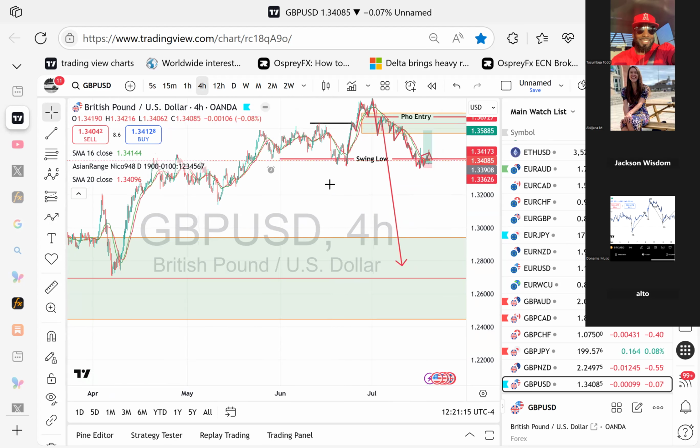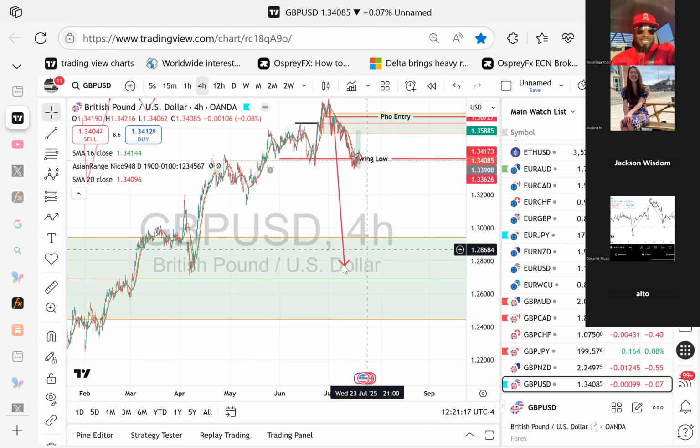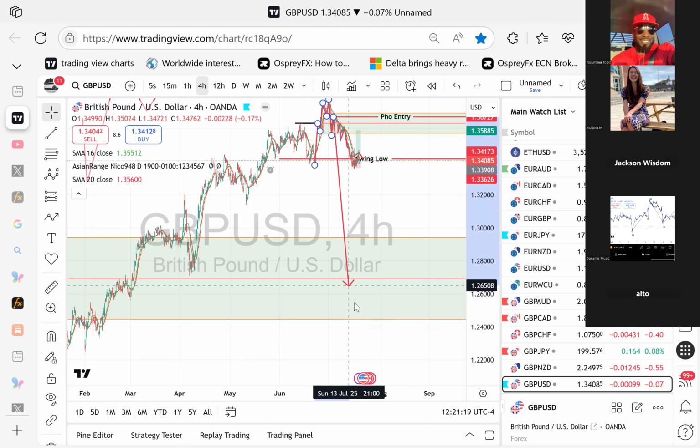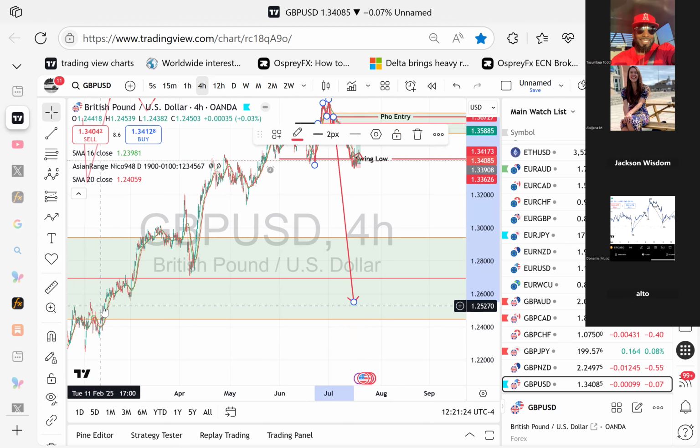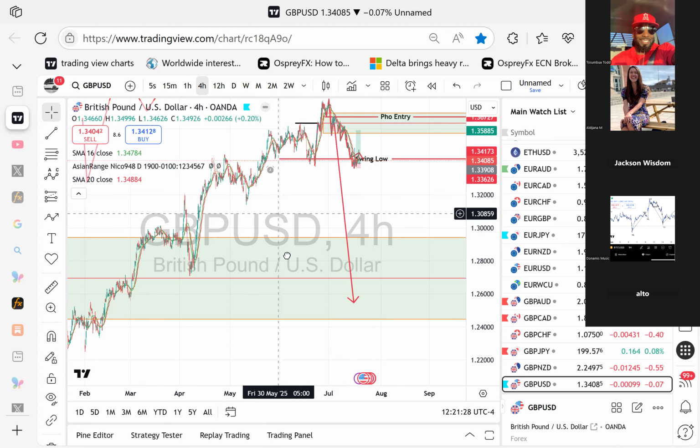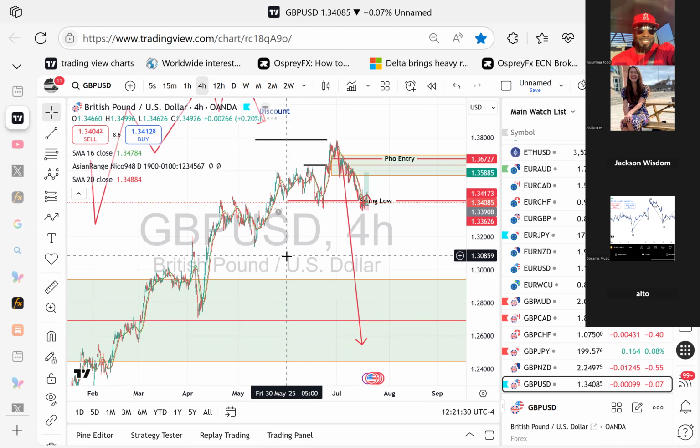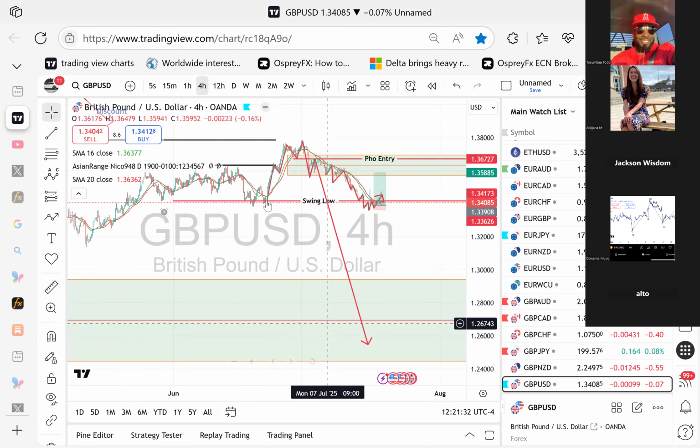All I'm doing on those other time frames is monitoring. This is where I think the market is coming to right here. But all I'm doing on those higher time frames is monitoring price to make sure it breaks my swing low.